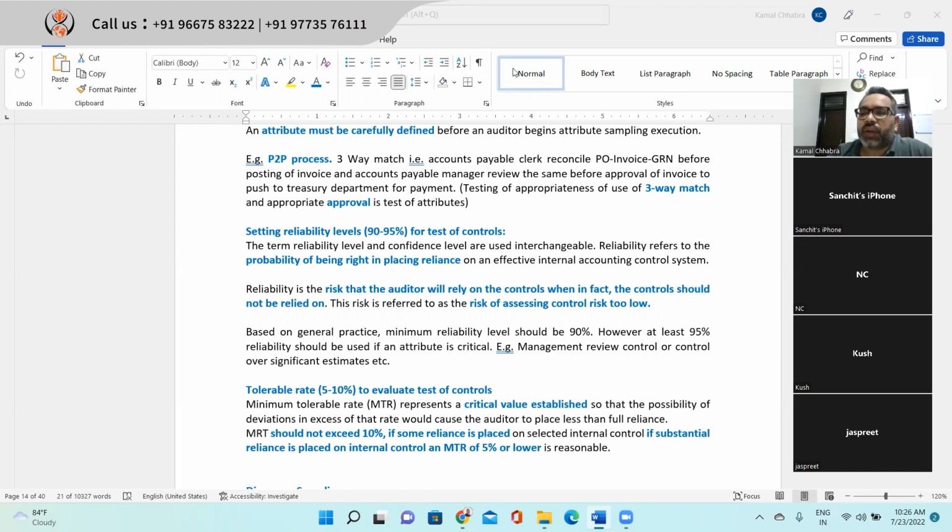If you are not confident more than 90%, then you generally do not rely on control. And if you are planning to rely on control, then you need to give a justification. That's a probability you need to keep in mind, because 100% cannot be perfect.